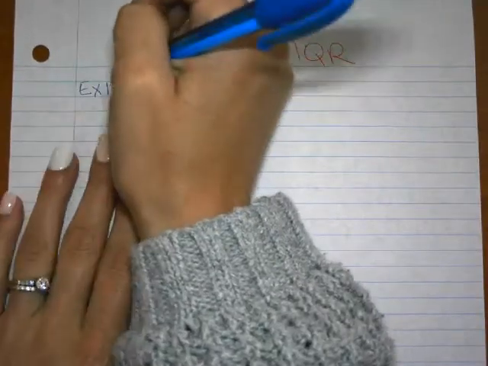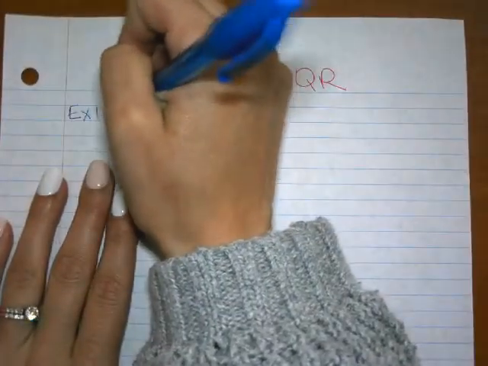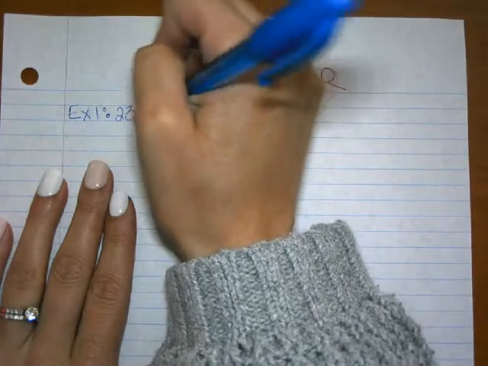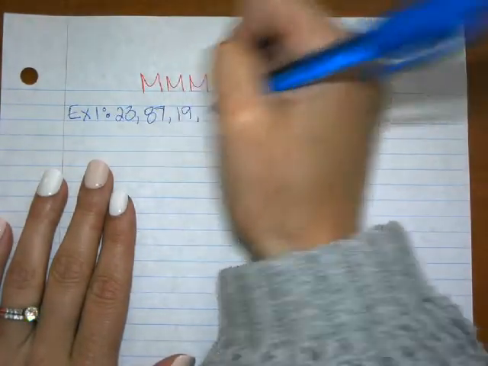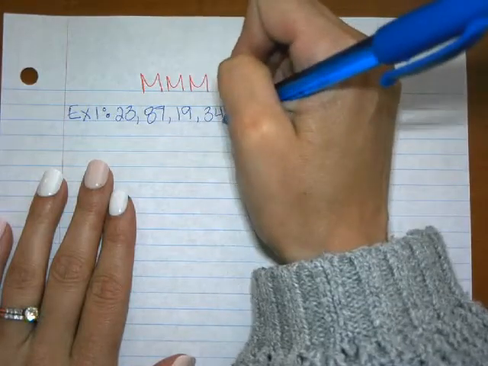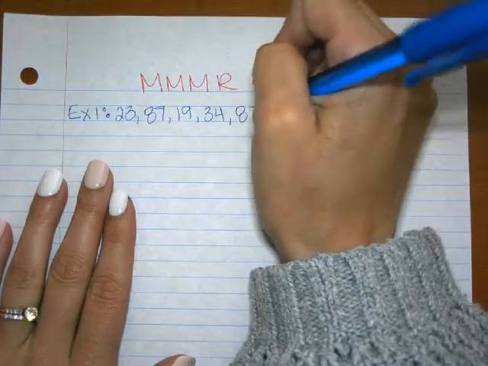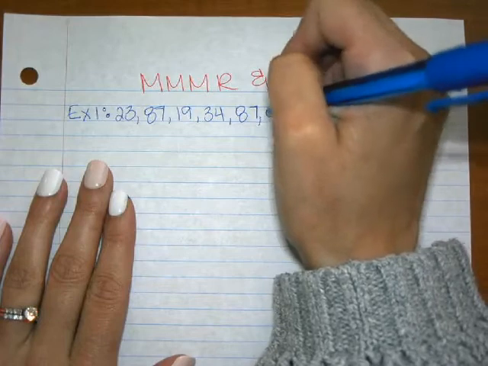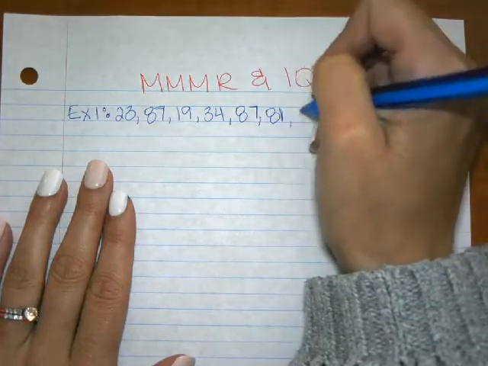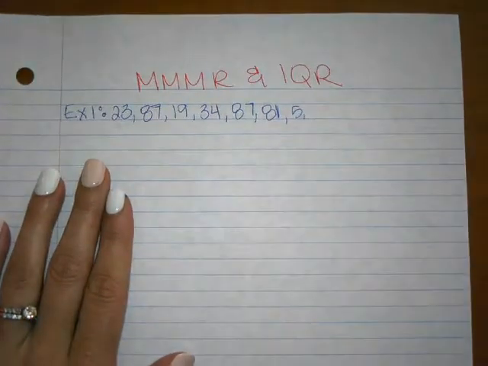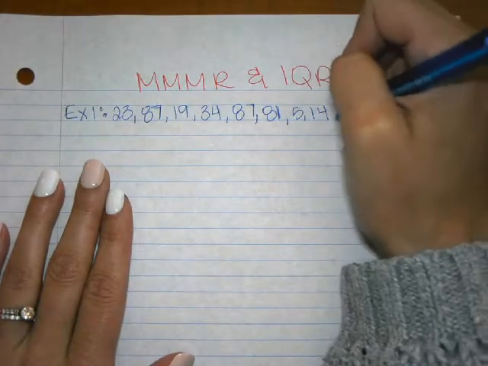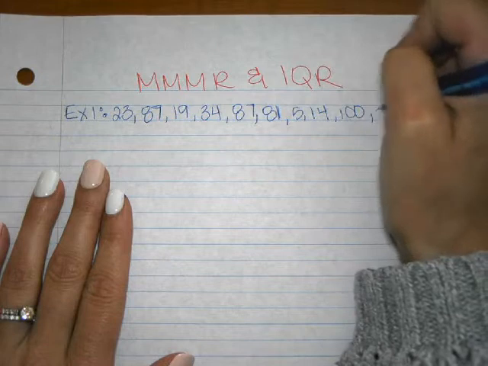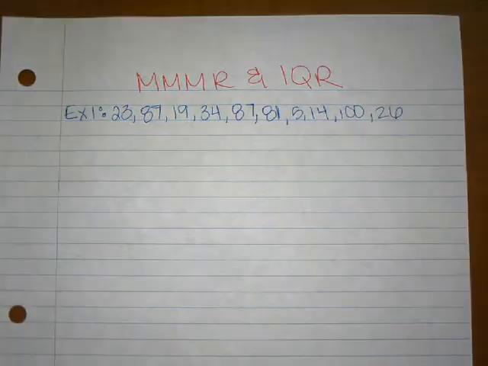So example 1: 23, 87, 19, 34, 87, 81, 5, 14, 126.